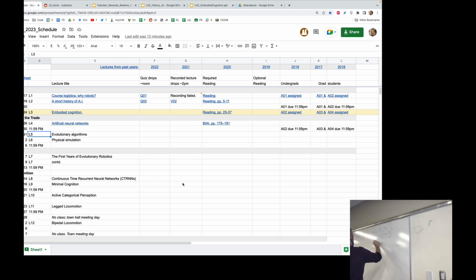So for the graduate students in assignment 3, which you will be working on this week, you're going to be adding sensors to the robot so it has some way to perceive its environment. You're going to be adding in assignment 4 for the graduate students this week, you're then going to be adding motors to your robot.